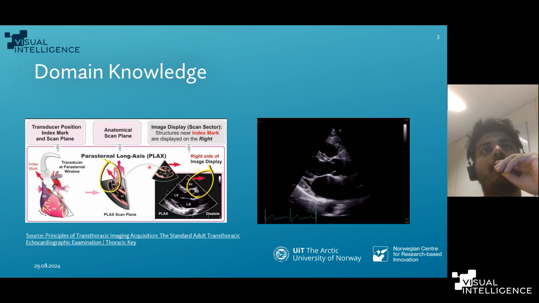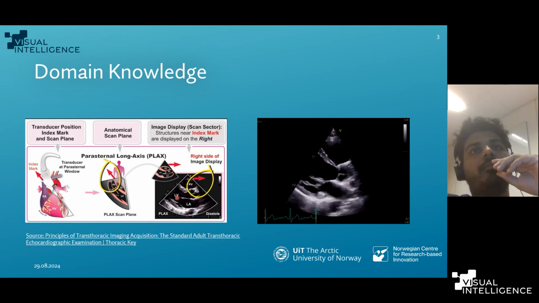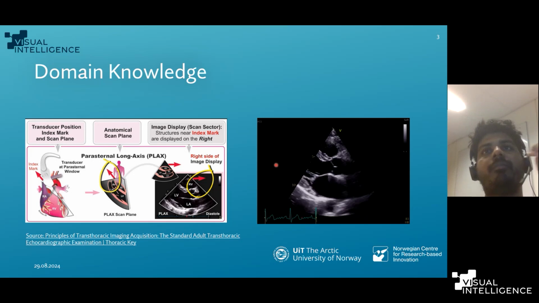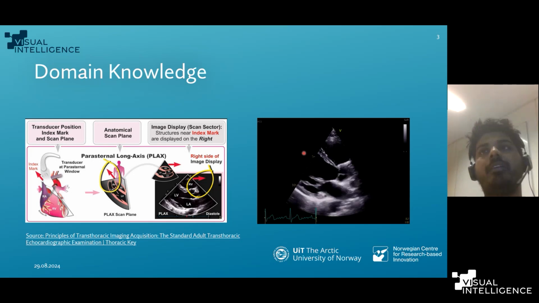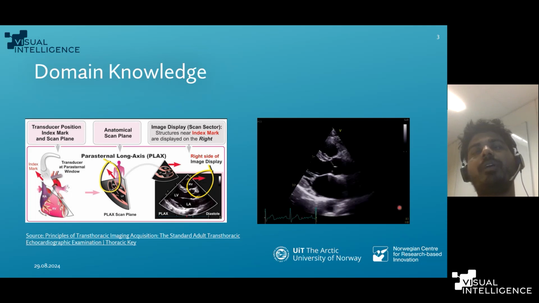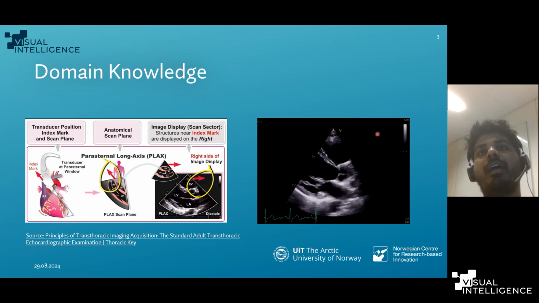The data is called parasternal long axis view data, and whenever we record the beating heart, beat by beat, it looks like a video, which we call a parasternal long axis echocardiography video.